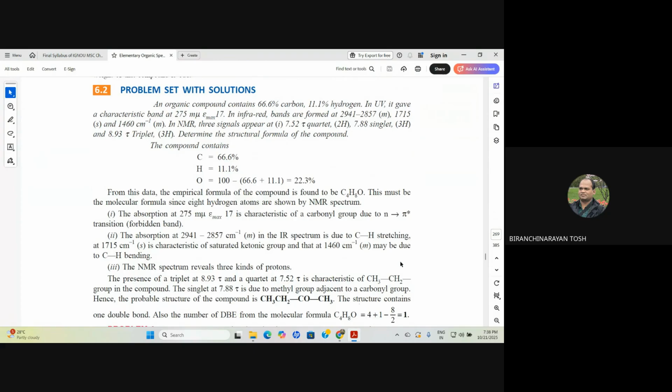In infrared, bands are found at 2941 to 2857 medium, 1730, 1715 sharp, and 1460 cm inverse medium. In NMR, three signals appear at 7.5 tau, a quartet of 2 protons, 7.88 singlet of 3 protons, and 8.93 tau value, a triplet of 3 protons. Determine the structural formula of the compound.